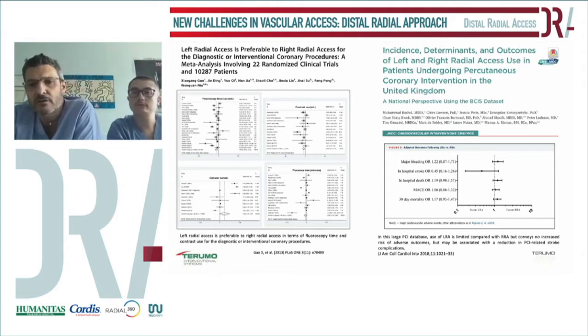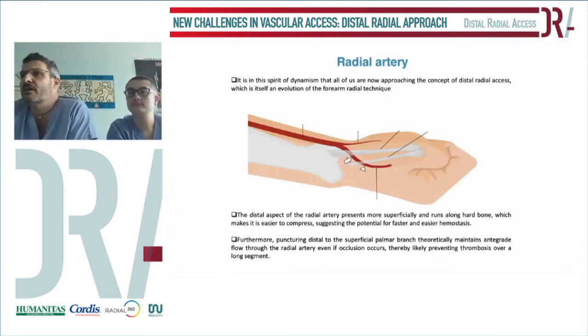And in terms of complications, it seems that the left radial access could reduce the rate of cerebrovascular complications, I mean stroke-related complications. So what do we know about the radial artery?